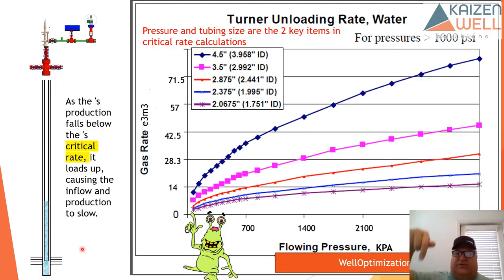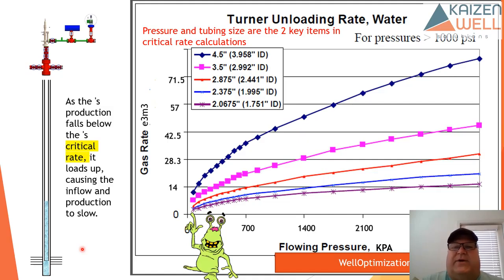Gravity is trying to pull those basketballs down, and the gas going up is bumping into those basketballs trying to push them up. If you're not bumping into those basketballs fast enough, gravity's going to win and slowly pull them down. As they do that, they start to form larger and larger bubbles or build-up of fluid, and they start to fall and collect on the tubing walls. So that's generally an easy way to think of critical rate.